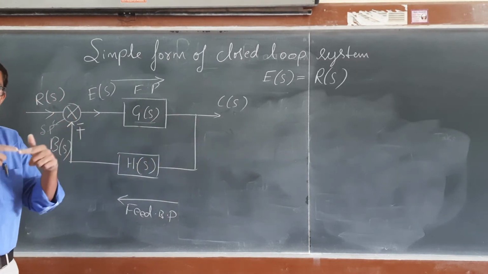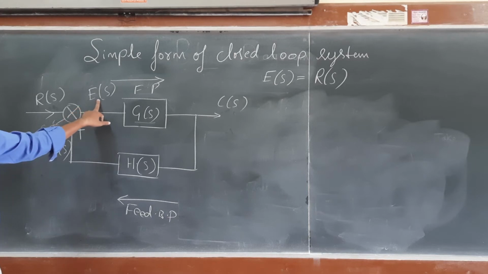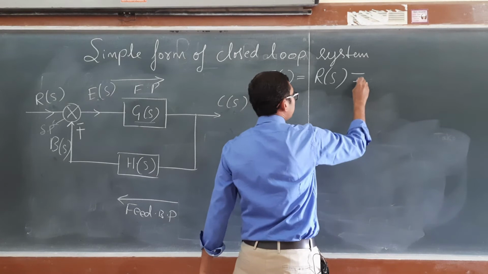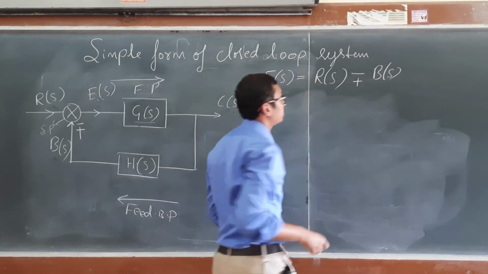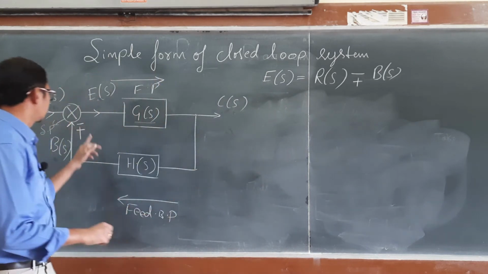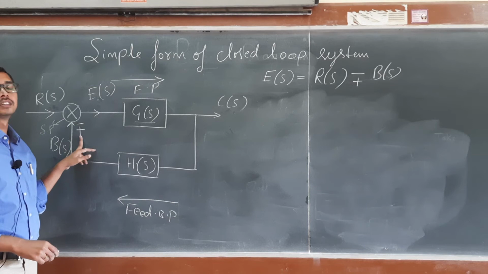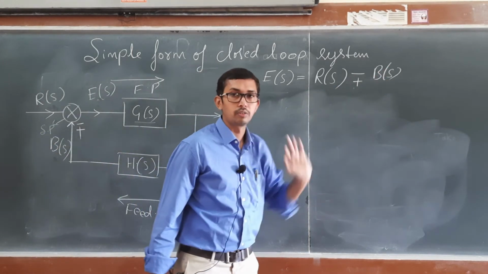I already told you in the previous example. Here the two signals will be compared. So what will be the equation for E of S? E of S will be equal to R of S minus or plus B of S. Here you can see it is a minus and plus: negative feedback signal and positive feedback signal.